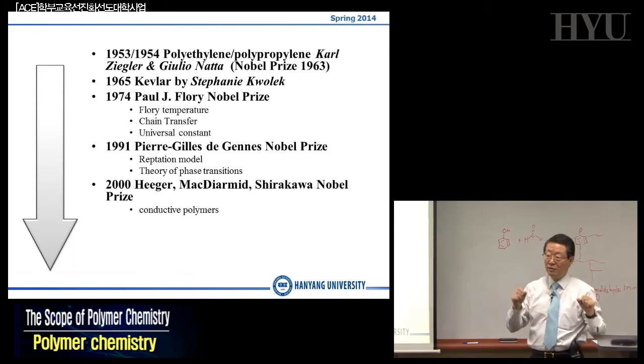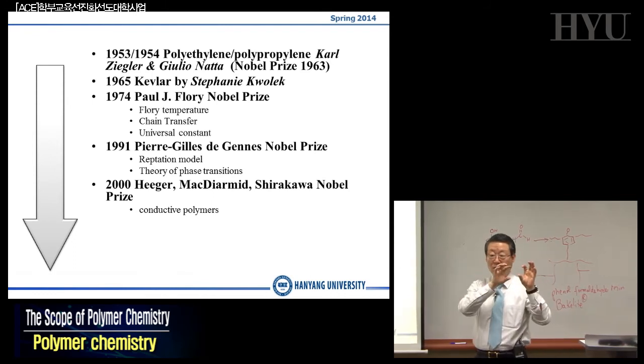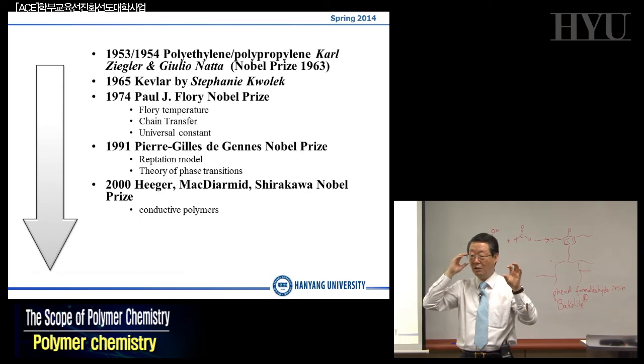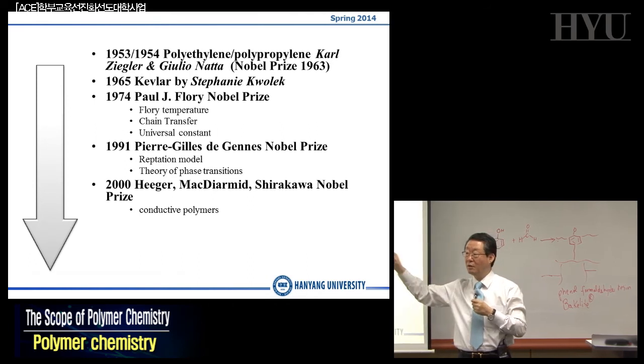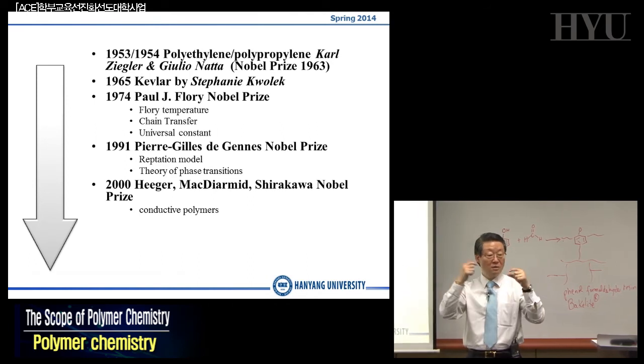If you think about acetylene, you have CH triple bond CH. Okay, this acetylene could be polymerized to become a double bond containing polymer, right? An alternating double bond containing polymer.